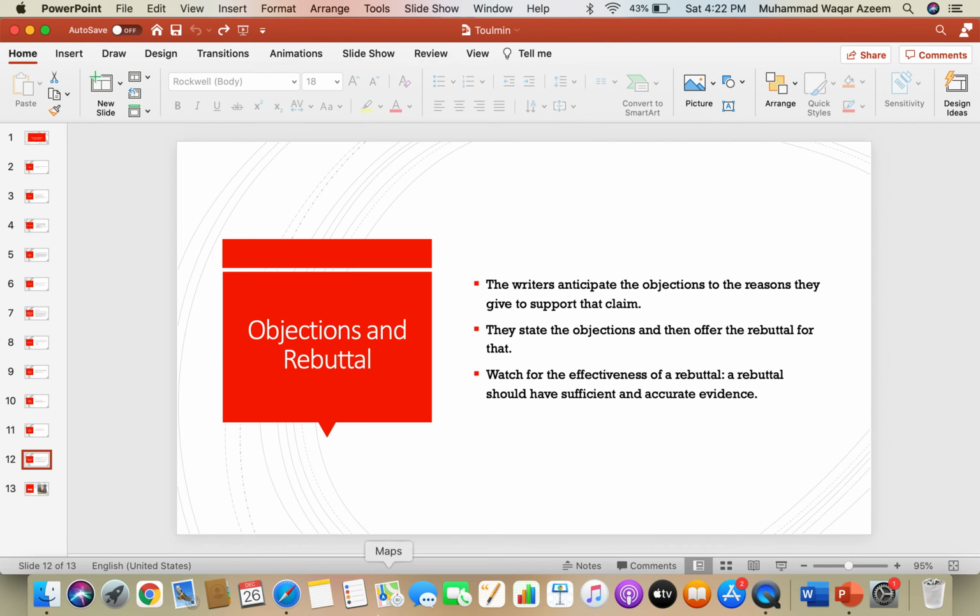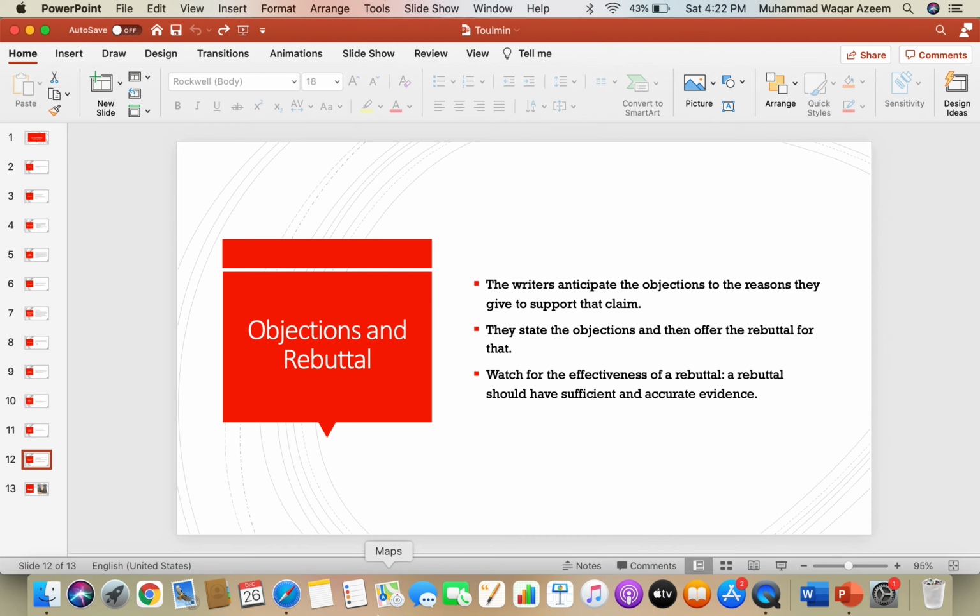Now we come to the final part of this presentation, which is related to objections and rebuttal. Sometimes when writers write an argument, they anticipate what the readers will object to or what the readers will criticize in their argument.